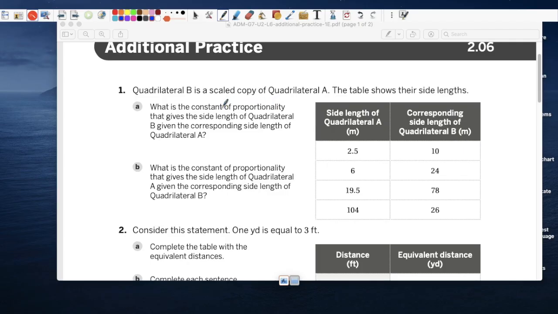What is the constant of proportionality that gives the side length of quadrilateral B given the corresponding side length of quadrilateral A? What the heck? So they're asking for this, right? Given this, what's the constant of proportionality that was used here?